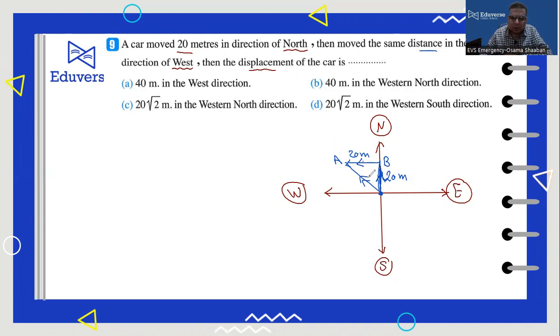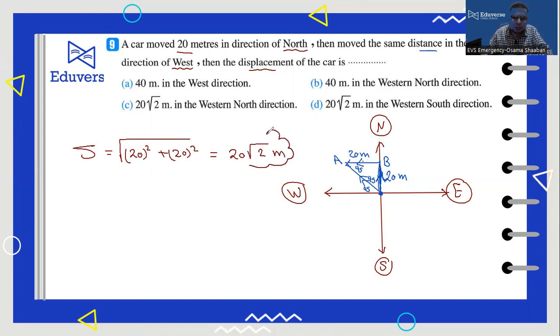Here 20 and here 20, so it is an isosceles triangle, here 45 and 45, and here 90. So the displacement S equals the square root of 20 power 2 plus 20 power 2. You will get 20 root 2 meters.